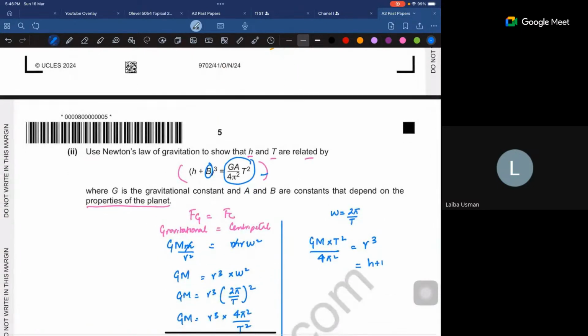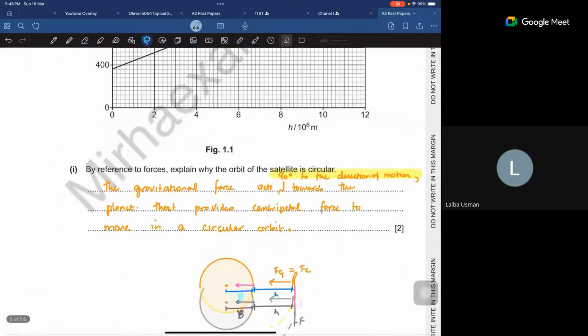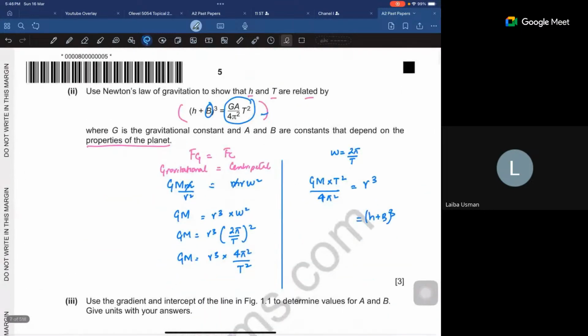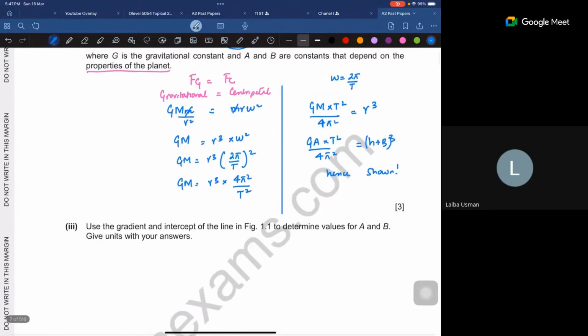So we can write (h + b) cubed here, and then we also have M. M has to be A then, because they haven't said anything about that. It's just planet properties. So we can write G A times T squared over 4 pi squared, hence shown. Pretty difficult, huh? Now it says use the gradient and y-intercept to determine the values A and B, and give the units. So that's pretty easy.